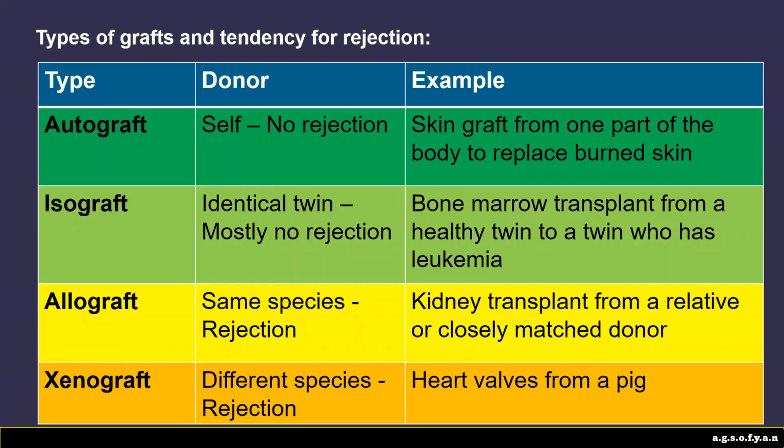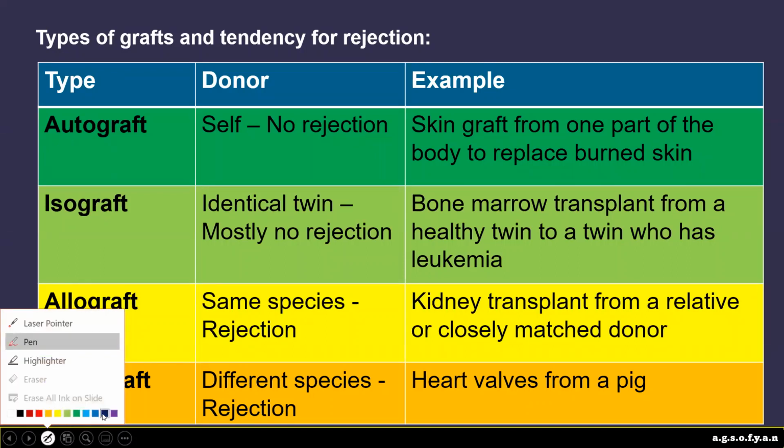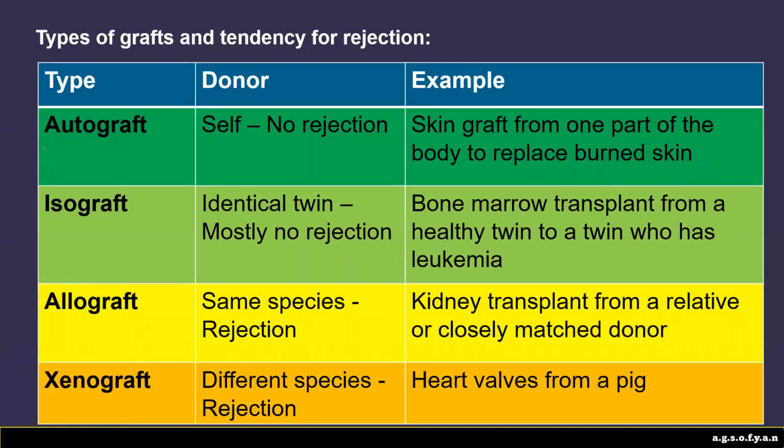There are several types of graft or transplantation. The first one is called the autograft. So auto means self. So autograft means the tissue or the organ is coming from its own body.